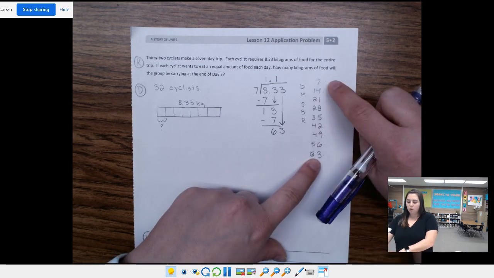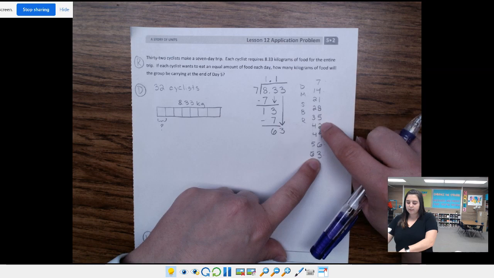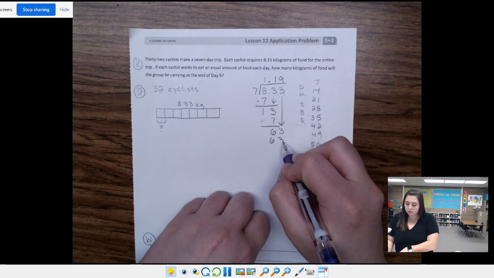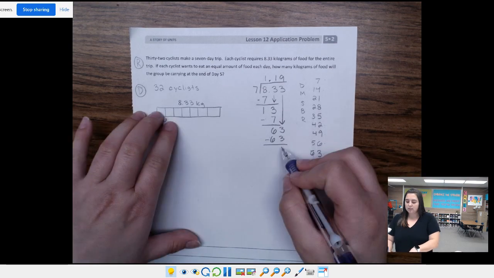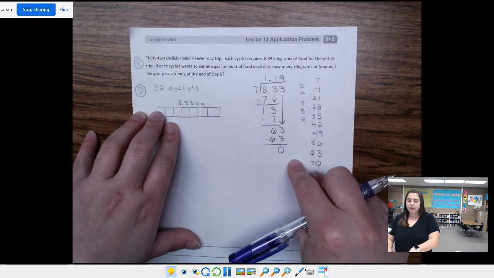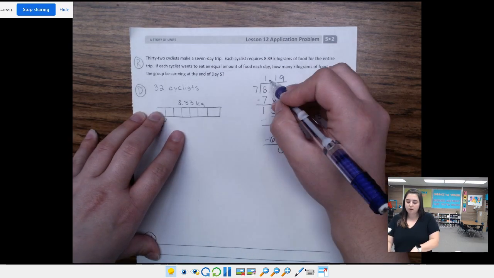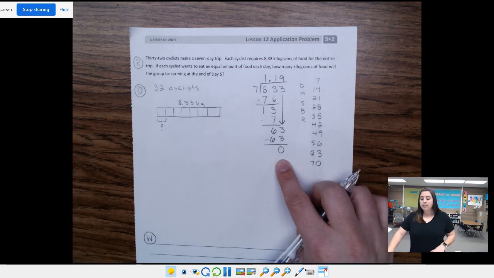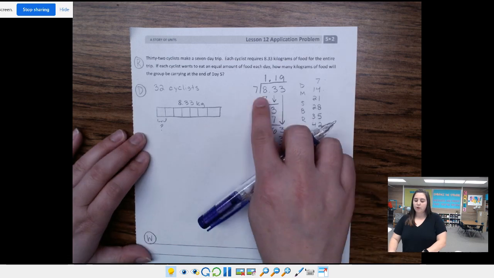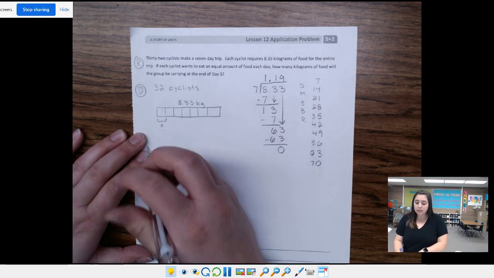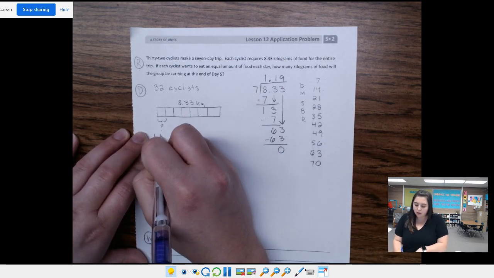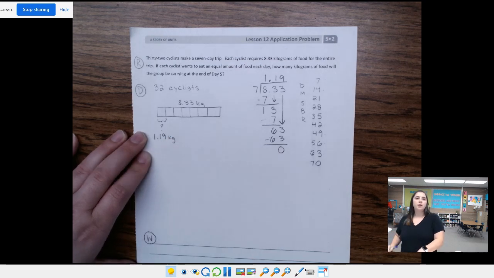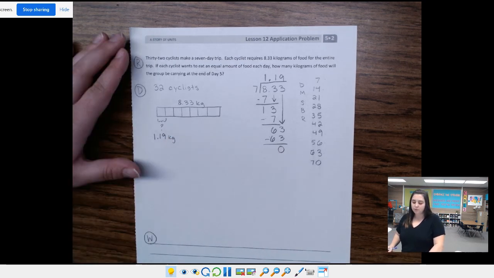So that was 9 times, and I hit right on the money. Got exactly 63. So there's no reason to bring down another number, because I subtracted and got 0. So in one day, our amount of food divided by 7 days, they are eating 1.19 kilograms of food. But that's not what they want to know.